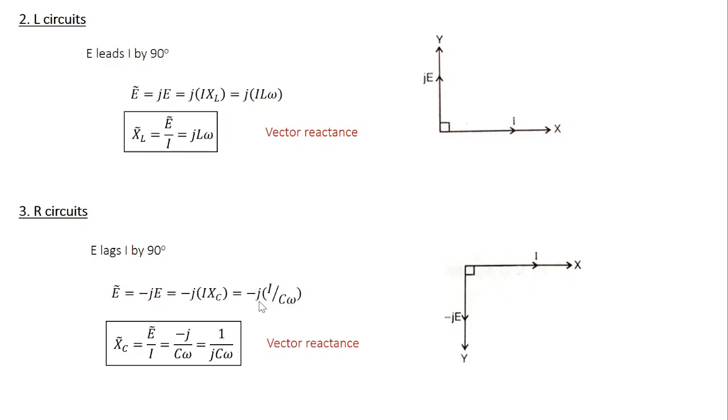So this is minus J into I by C omega. Or the complex vector reactance is nothing but complex voltage E divided by I, which is minus J by C omega. Minus J is also 1 by J, so I can write XC as 1 by J C omega.